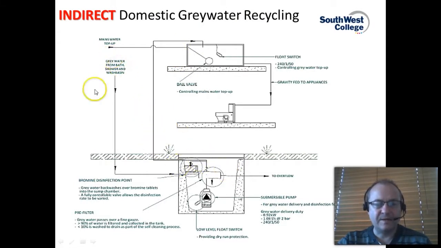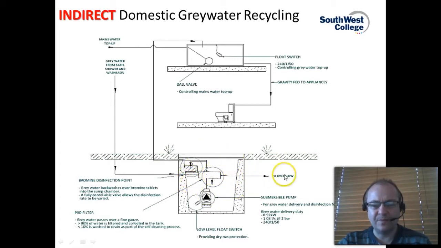We haven't put the schematics of the showers and baths and sinks in this diagram, but you can see that's where your greywater from your bath, showers and wash basin comes down into the storage tank of the greywater recycling system.